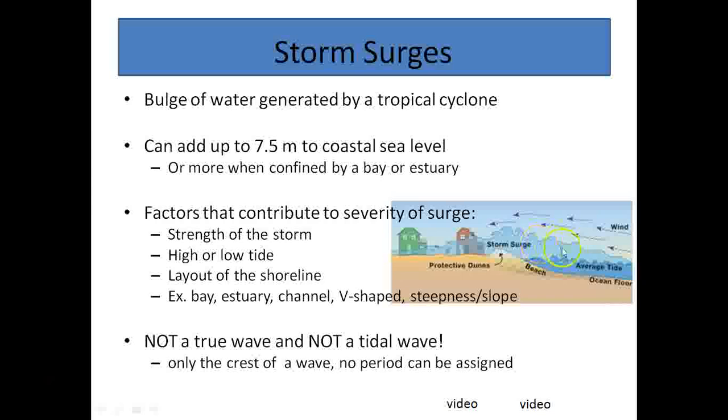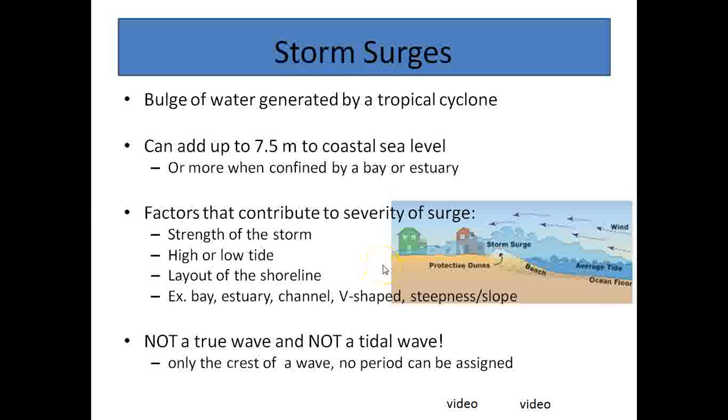It can move water right onto land, depending on the shape of the boundaries, so they can be more or less destructive. Basically they can add up to 7.5 meters to the coastal sea level, or even more if it's a certain kind of boundary, like a bay or an estuary.